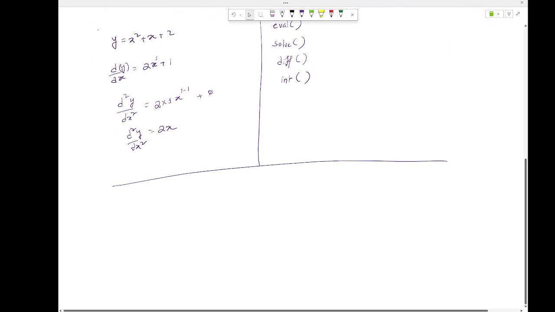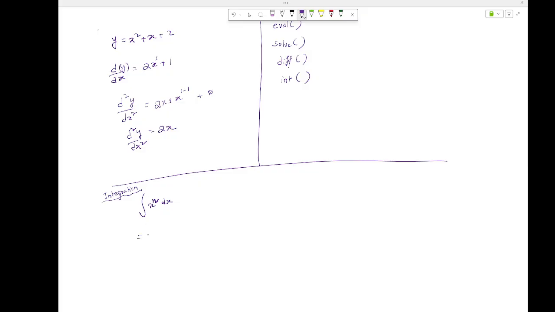So for the integration example, let's do the integration. If you have x to the power n dx, then you have x to the power n plus 1 divided by n plus 1.